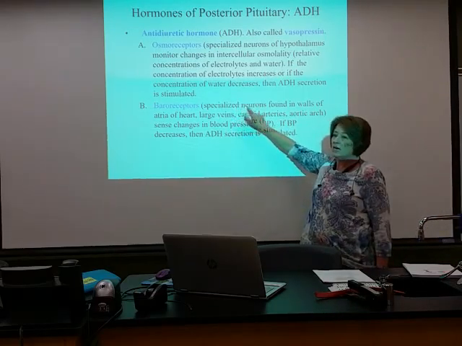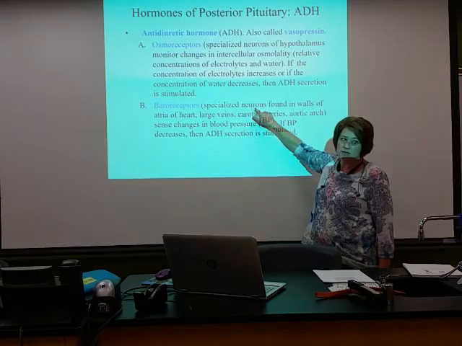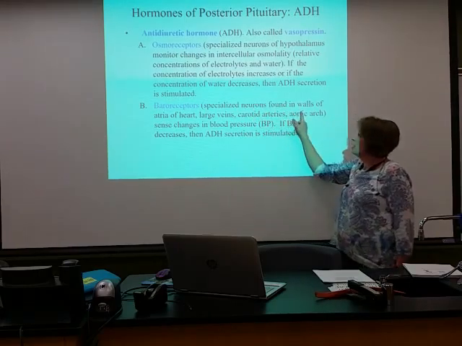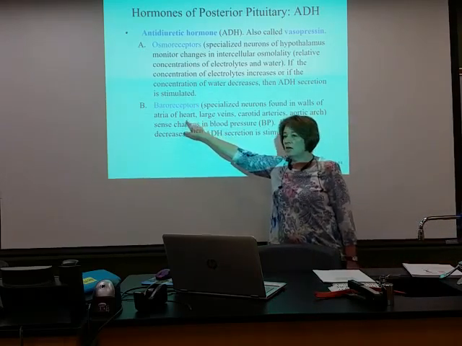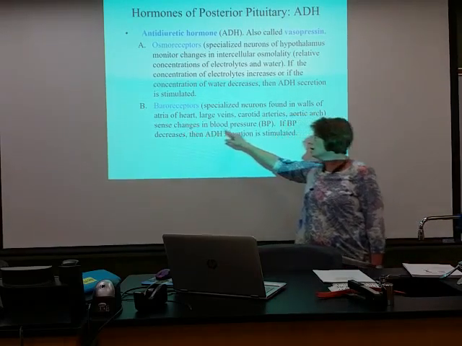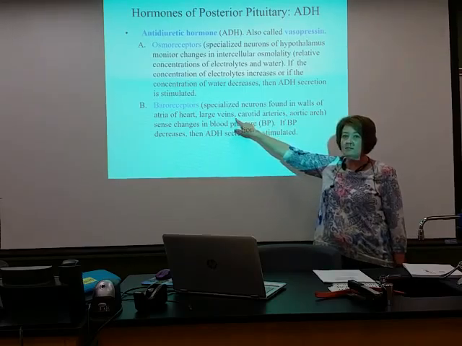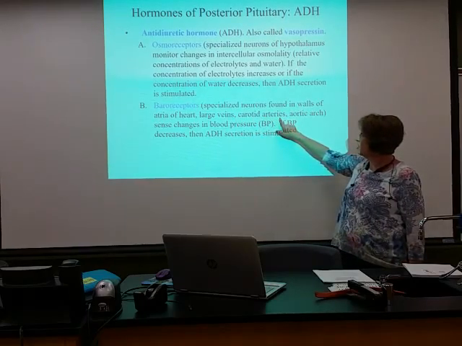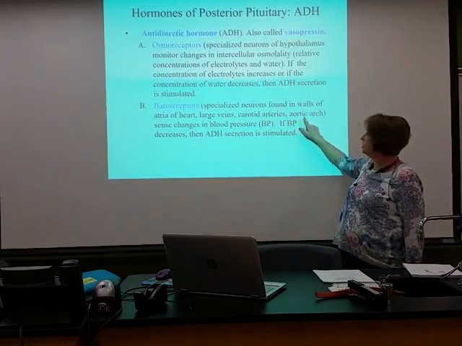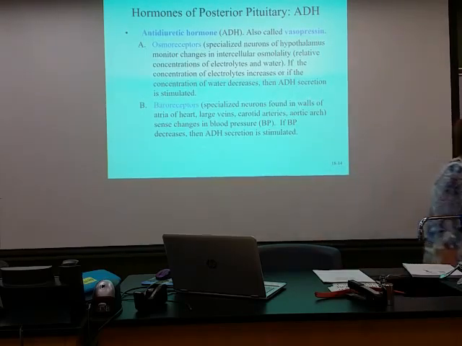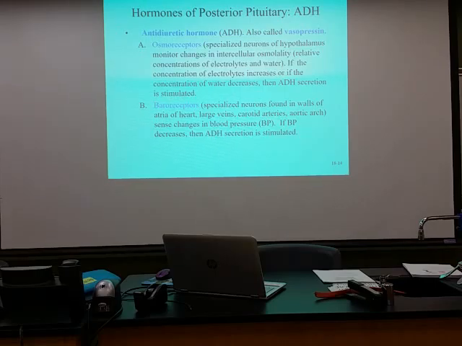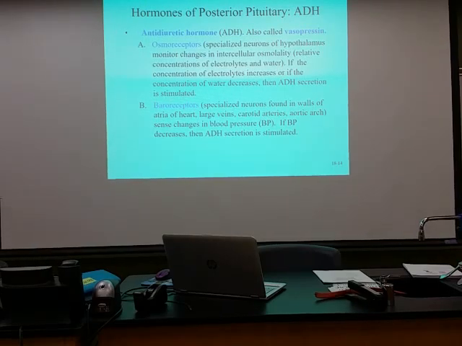It's specialized neurons. They're in the walls of the atria of the heart, veins, carotid arteries, aortic arch. Their job: blood pressure. That's it.